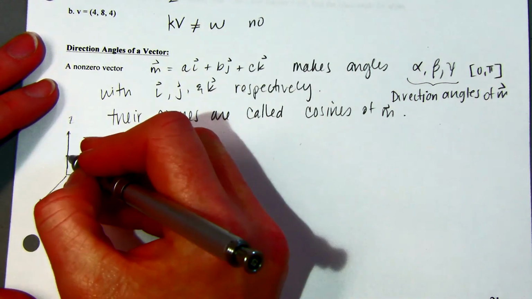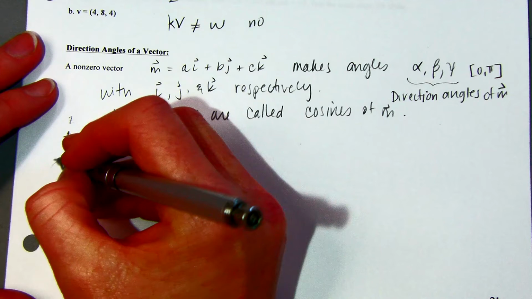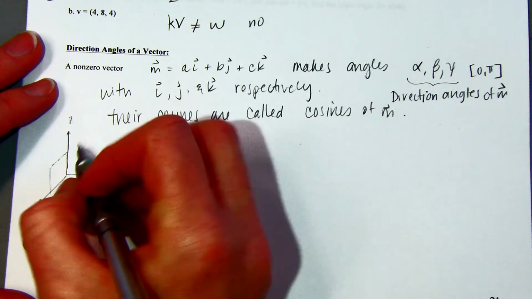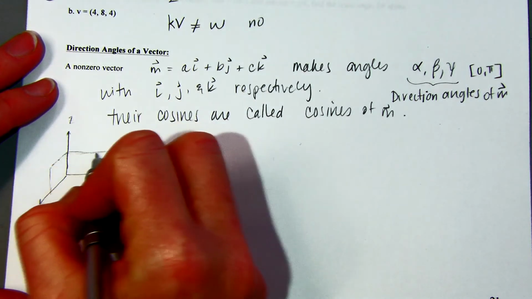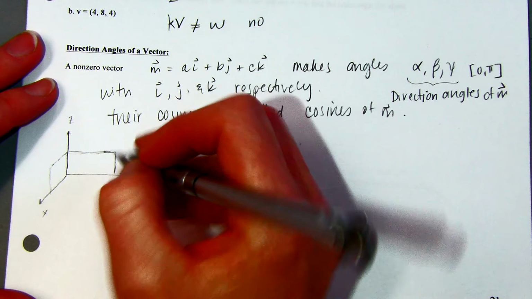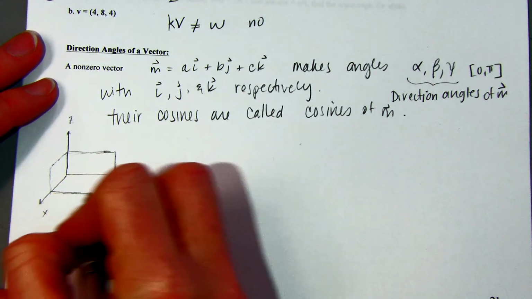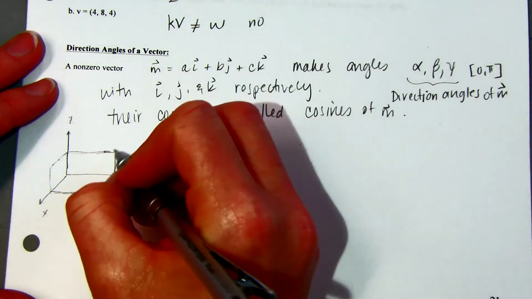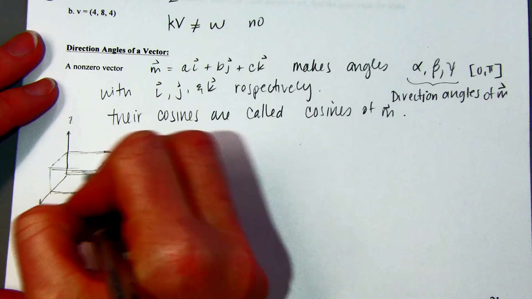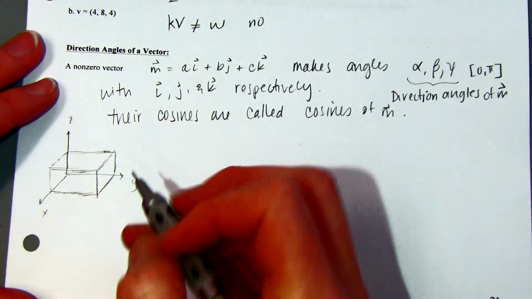If we draw a little box, this is going to be a hard picture to see.